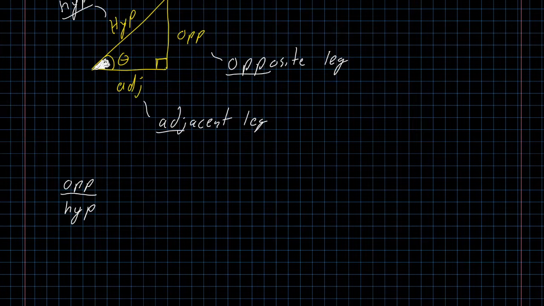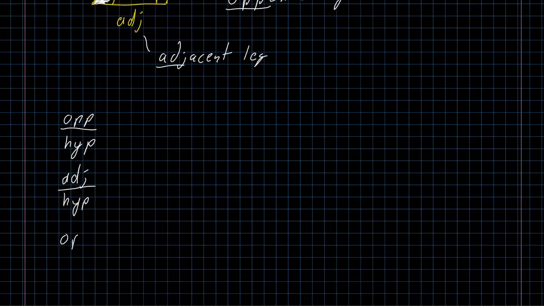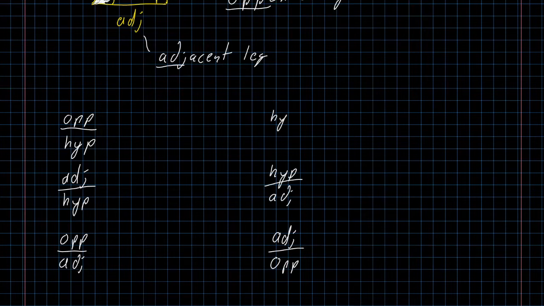Say take the opposite divided by the hypotenuse, take the adjacent divided by the hypotenuse, take the opposite and divide by the adjacent, take the adjacent and divide by the opposite, take the hypotenuse and divide by the adjacent, or take the hypotenuse and divide by the opposite, right?